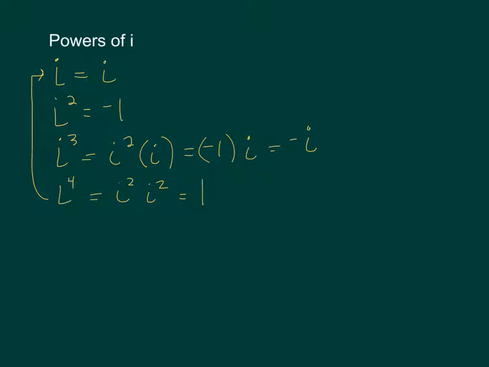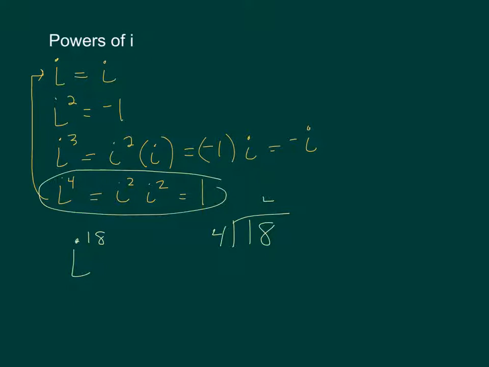So what we want to be able to do is use this fact when we have i to any power. For example, if I have i to the 18th, I want to take the number 18 and divide by 4. 4 times 4 will give me 16, and the remainder is 2. So this remainder tells me that this is equivalent to i squared, which we know to be -1.